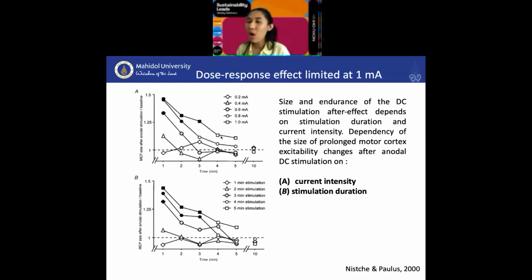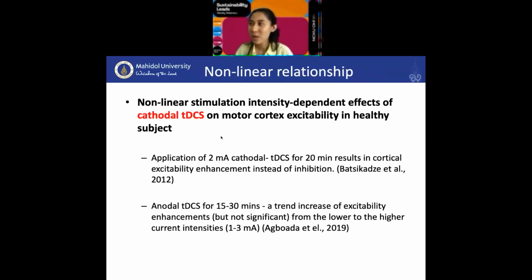Either anode or cathode stimulation, even though they induce opposite effects, have the same dose response effect at 1 milliampere. All right, but I would like to highlight this because some people don't keep this in mind: recent studies showed that we probably have non-linear stimulation effects.